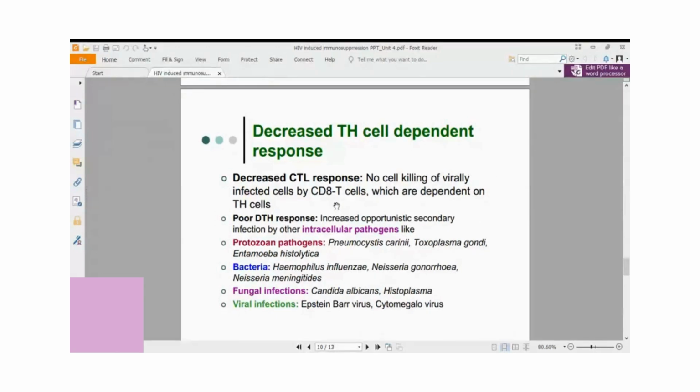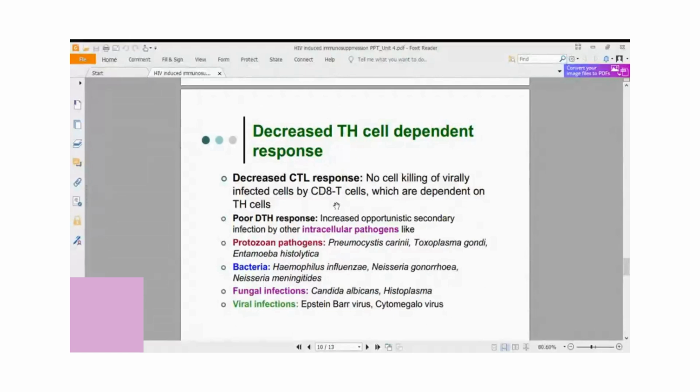To some extent, the CD8 T cell itself will produce IL-2 as an autocrine factor. To a large extent, that CD8 T cell is dependent on IL-2 secreted by the TH cell. So because the TH cell is not available now, being depleted by the viral population, the IL-2 will not be there in circulation.